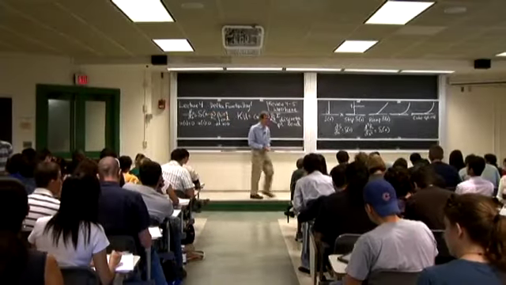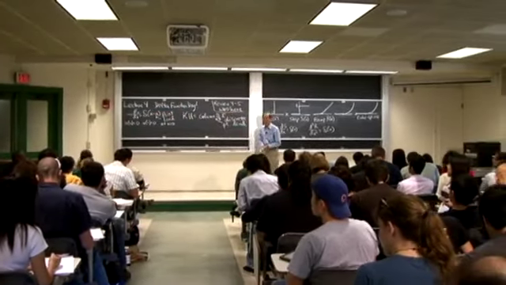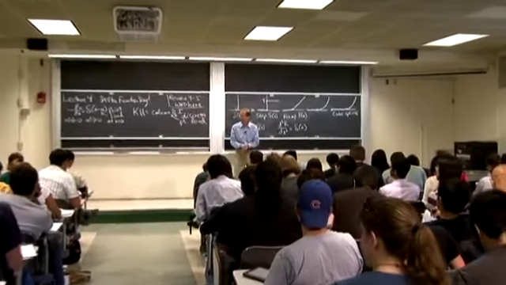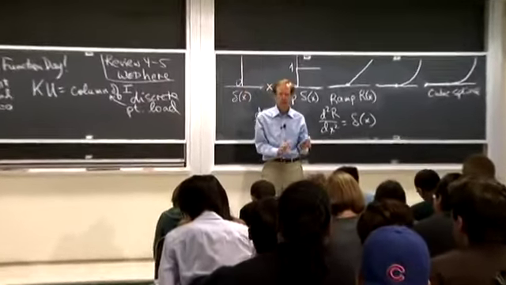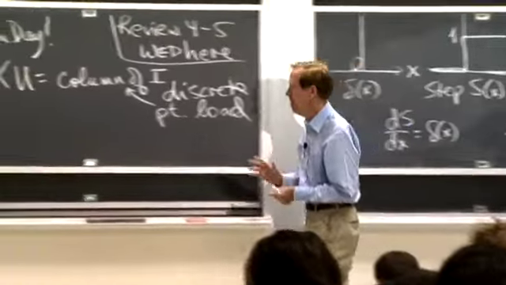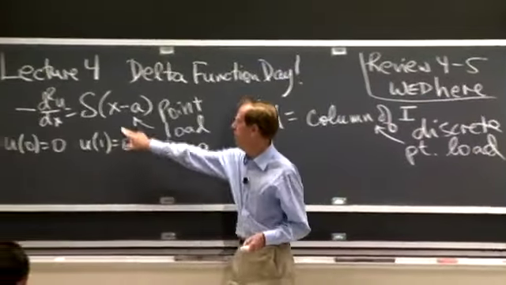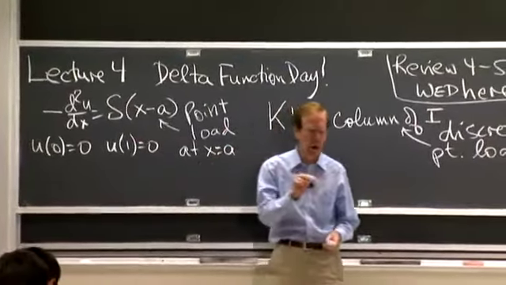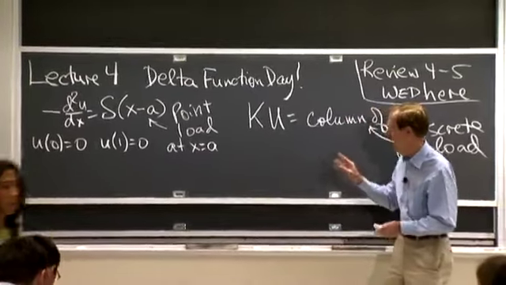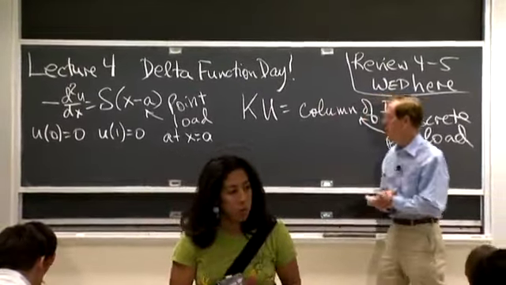Okay, so this is, I could say, delta function day, a break from linear algebra mostly. So we're looking at another type of right-hand side, before in the differential equation and in the difference equation.